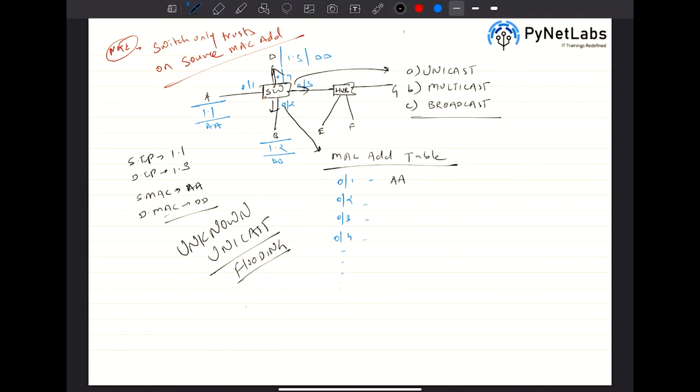That's when the switch adds the information into the MAC address table, that 0/3 is connected to the user who has MAC address DDDD, and then it forwards the traffic out onto port 0/3 where D is connected. Makes sense? This is how a switch learns MAC address tables.